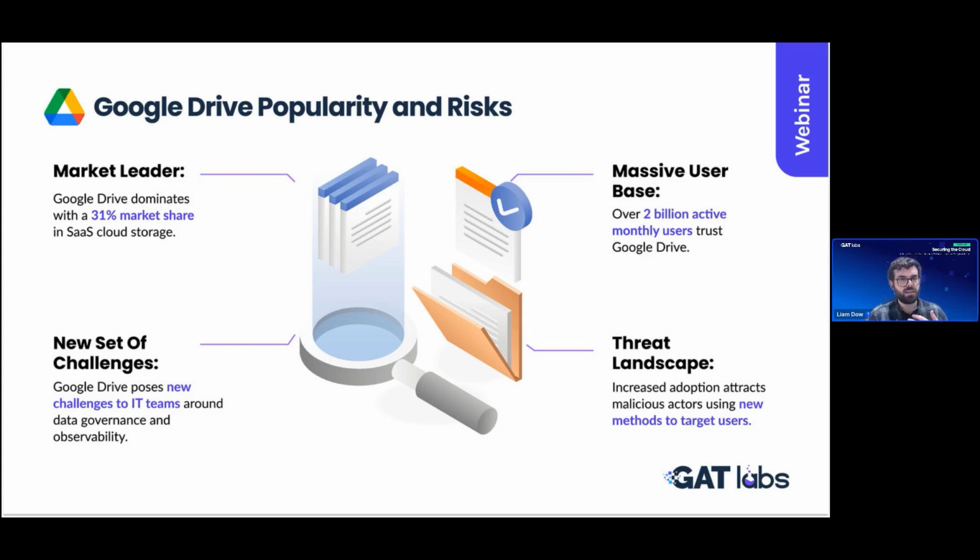And then one of the other things around Google Drive is a new challenge for admins when you compare it to more traditional legacy file shares, and what existed before the move to the cloud.